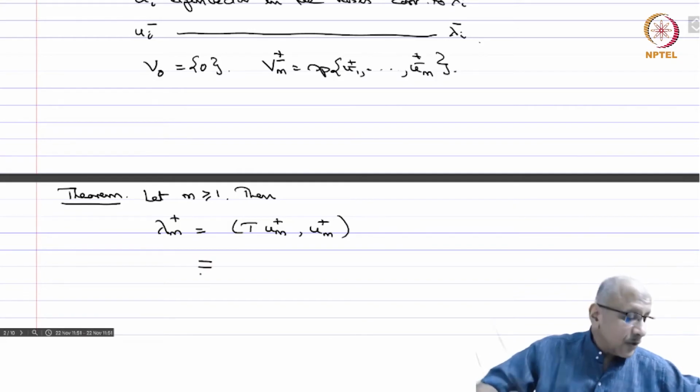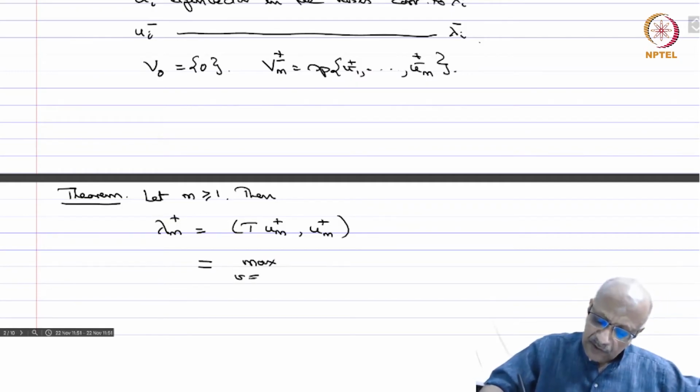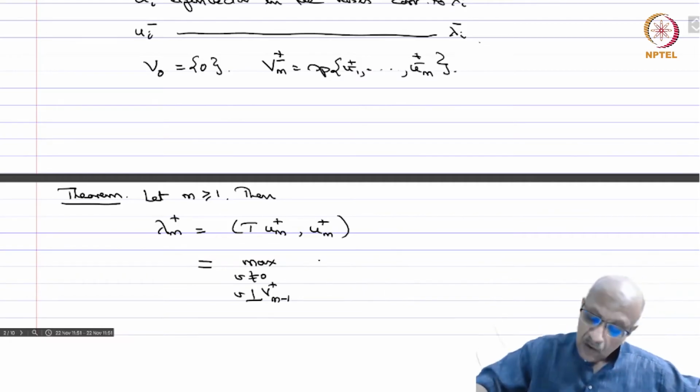This is also equal to the max over all v not equal to 0, v orthogonal to V_{m-1} plus, of <Tv, v> by norm v squared.